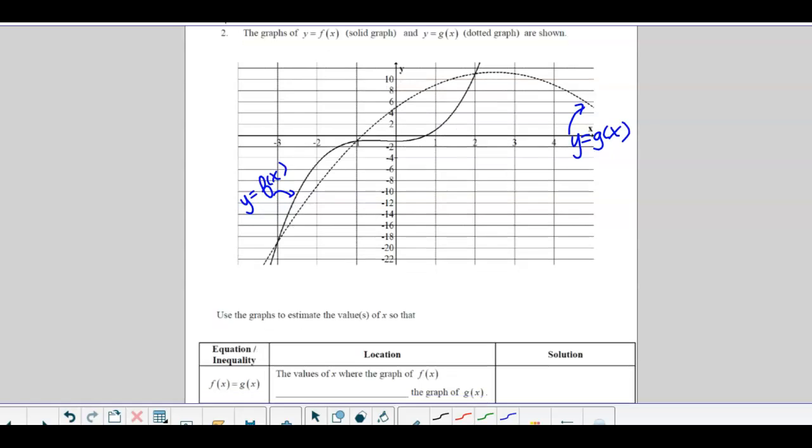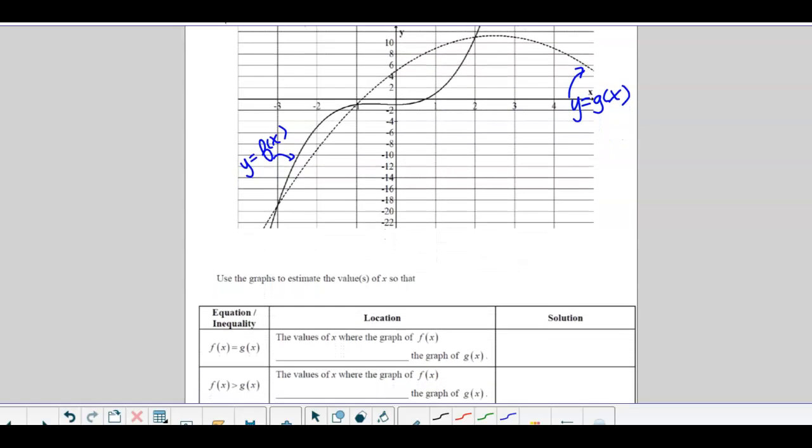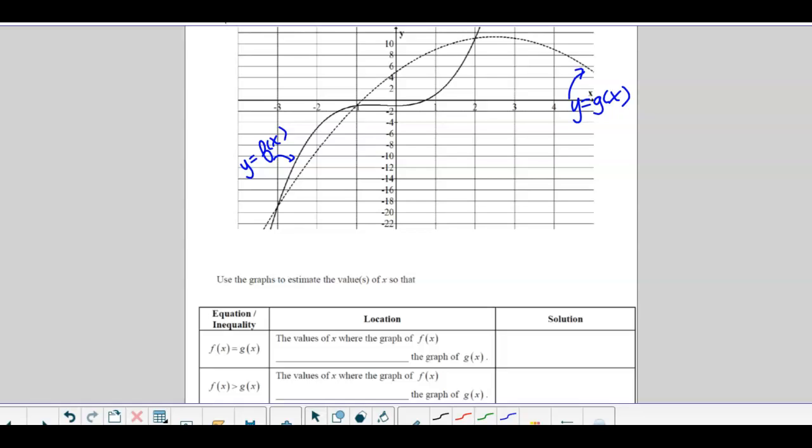So use the graph to estimate the values of x so that f of x equals g of x. So where are the graphs equal? So this is back to systems of equations, the math 10. We looked at where they intersected. So where these two intersect is there, and there, and there. Okay?